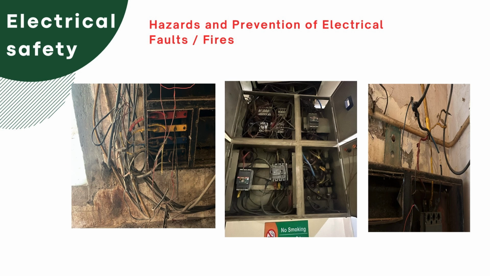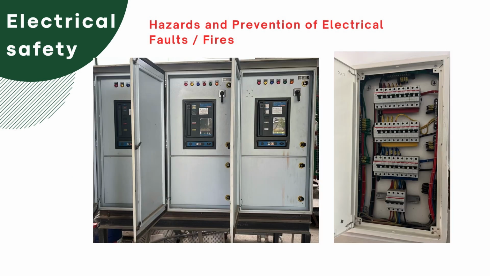And so friends, we have seen a bad example. Now here you can see a good example where a panel with neat and clean circuit breakers, neat and clean area is shown in the first picture, and in the second picture a distribution box with neat and clean, well dressed circuit breakers is shown.